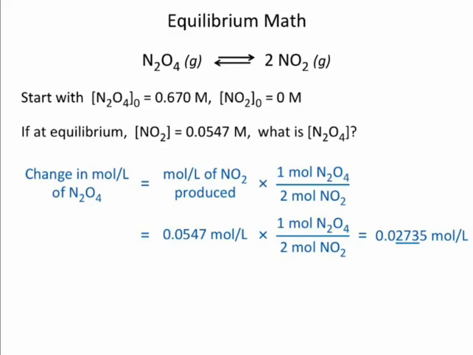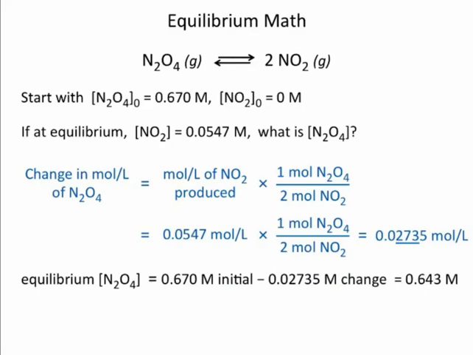And so we do this a lot, right? We solve for this change. Once you have the change, you can take your starting concentration of N2O4, this 0.67 molar initial, and subtract the change from it to get the concentration of N2O4 at equilibrium, 0.643 molar. So again, find the change, and in this case, subtract it from the initial concentration.